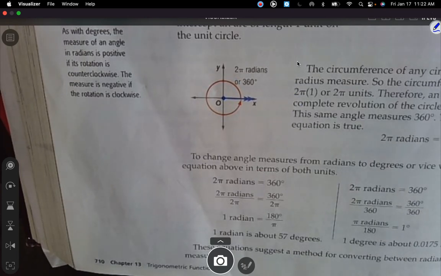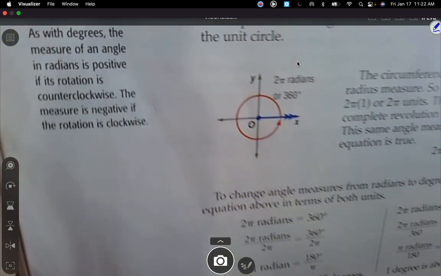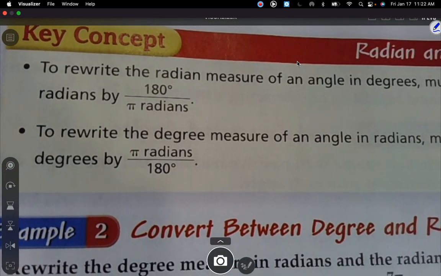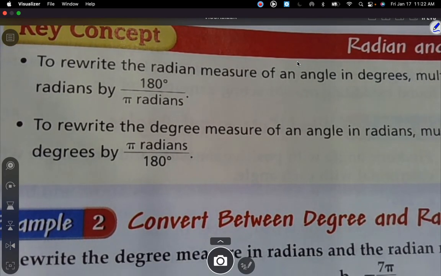We are about to now go from degrees to radians and radians to degrees. I'm going to give you a little formula. So you're going to learn to go back and forth. All right, here is the formula. Is anybody still copying anything? Okay, here's your formula for radians to degrees and degrees to radians.